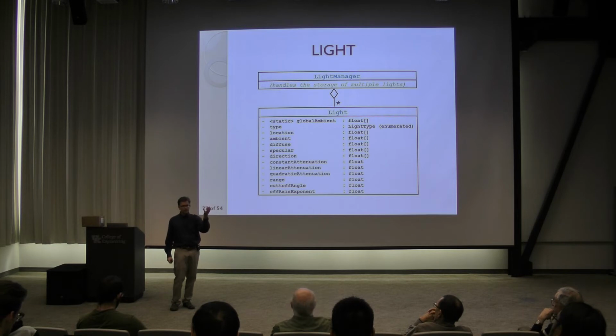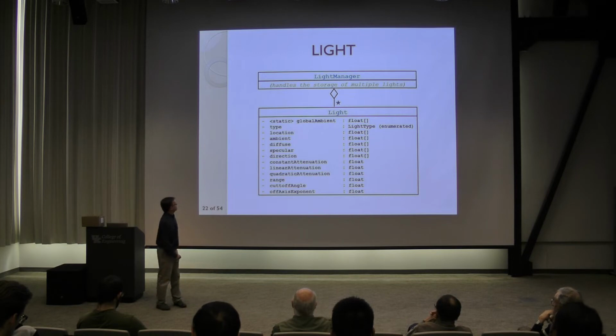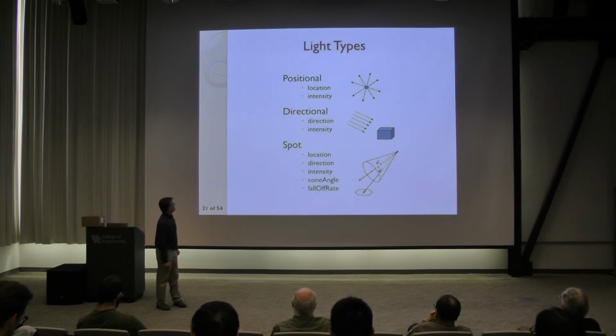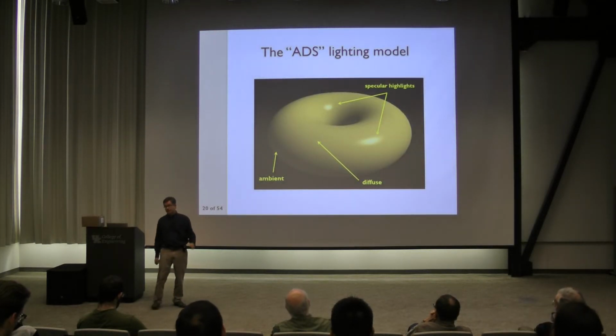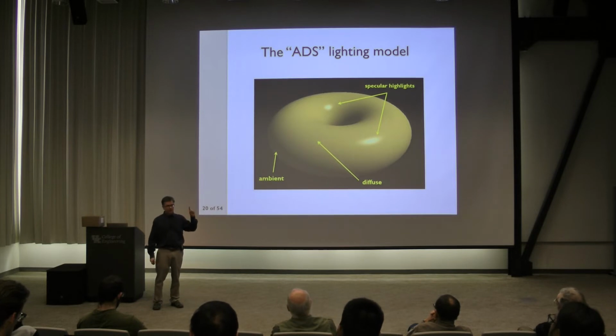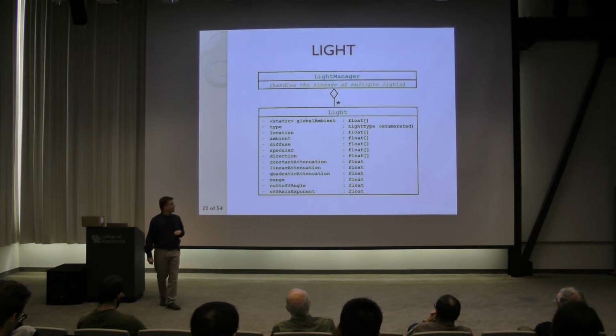Well, what you do is you make a desk lamp game object, render it there, and then also have a light at that same position. Actually, the ADS lighting model is more accurately not a lighting model. It is a reflection model. So I probably should have put that on the slide. But great question.